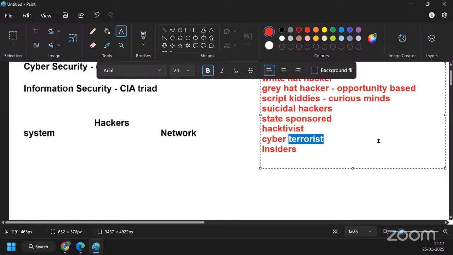Have you ever found that we are working on a very important file, but due to some of our mistakes, it has been deleted from our system? We did not have any intention of deleting it, but due to some mistakes, it has been deleted.